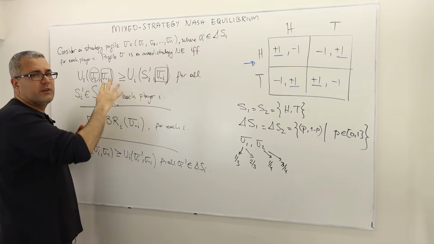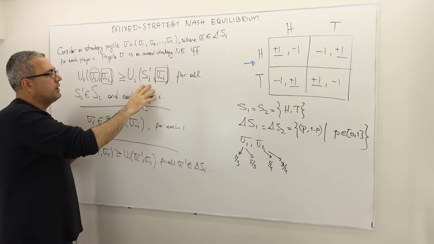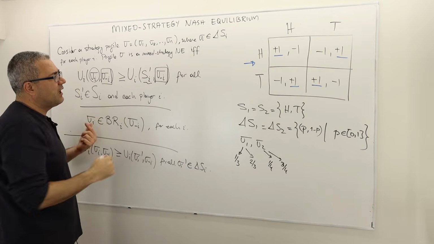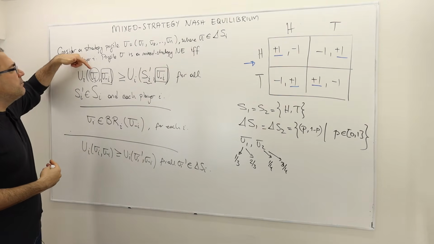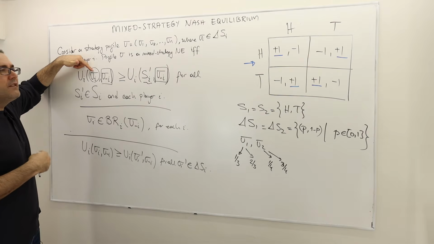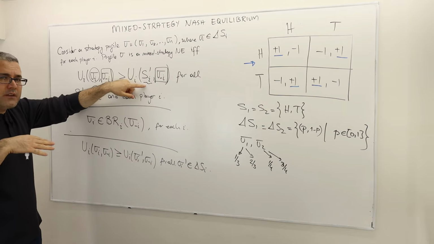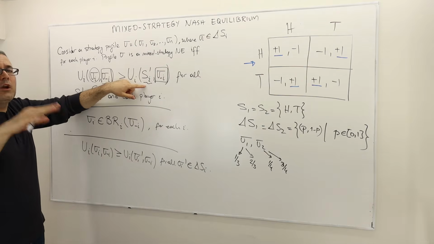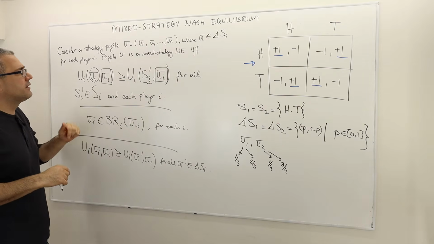On the other side of this inequality, I have s_i prime, so it's a pure strategy. So the question is whether this mixed strategy gives player i a higher payoff than all the other pure strategies he could select.